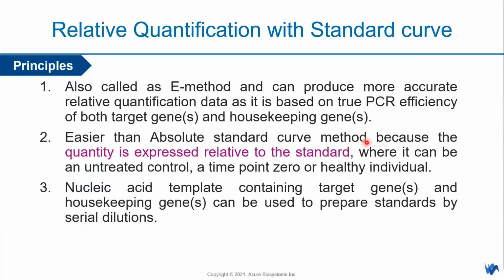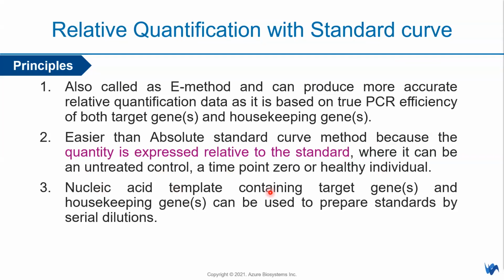In general, this is much easier than the absolute standard curve method because the quantity is expressed relative to the standard. Rather than an absolute amount, you input a relative amount, whether in dilution or an arbitrary number. It can be either an untreated control, time point zero, or a healthy individual.